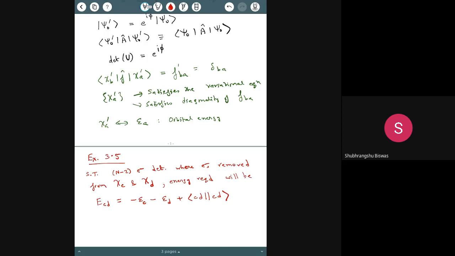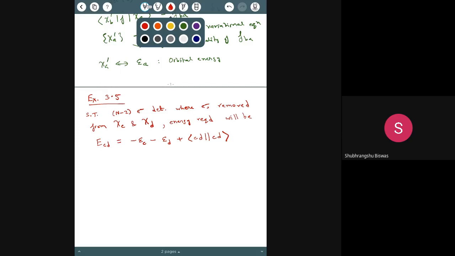So intuitively, this would be the case. If you want to remove an electron just from C, then the IP would have been minus epsilon C. If you had removed it just from D, then minus epsilon D. But if you remove both, then you also lose the interaction between the two. But let's see how we will work it out explicitly.